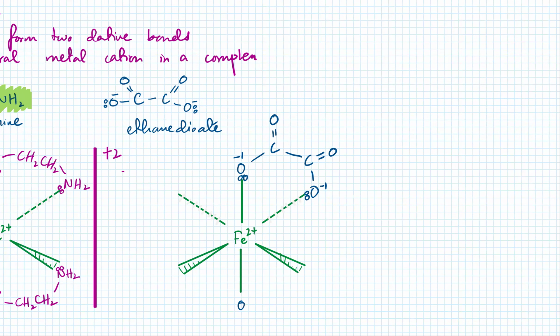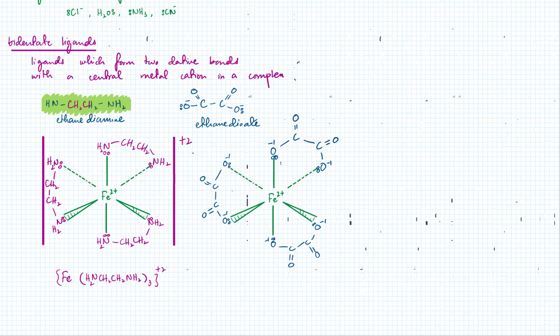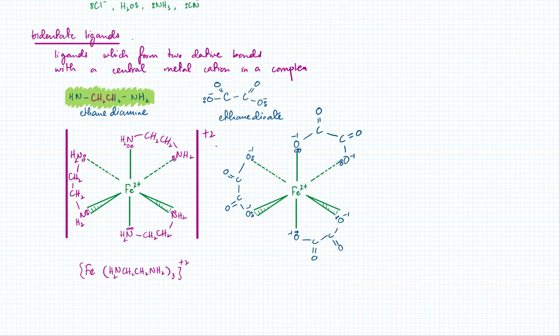Then you have another one, and in the middle there's C and C double bond O. Here, that's going to be your ethanedioate complex.